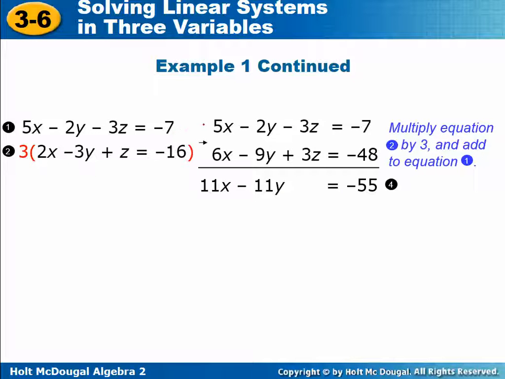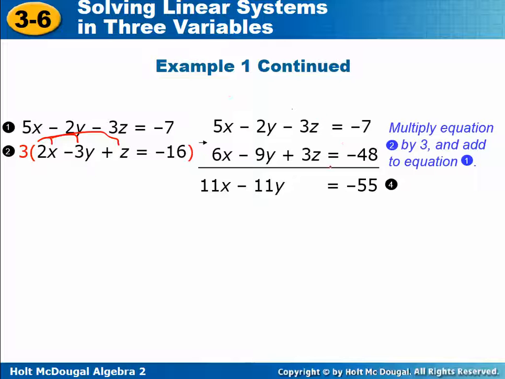So here is the number 1 equation just written again, 5x minus 2y minus 3z equals negative 7. Then I take the second equation and I multiply everything by 3. So 3 times, just do the distributive property. So we get 3 times 2x is 6x, 3 times negative 3y is negative 9y, 3 times z is 3z, and negative 16 times 3 is negative 48.